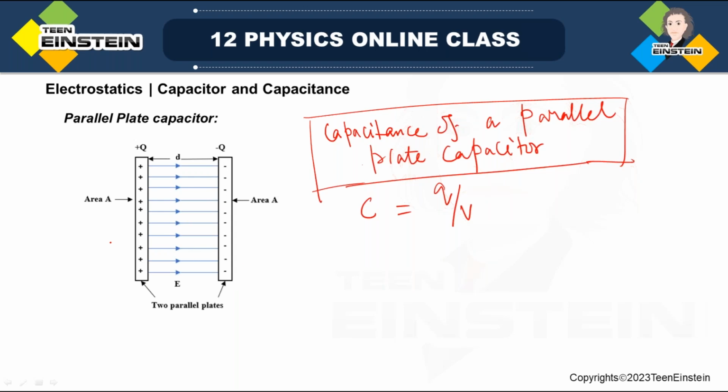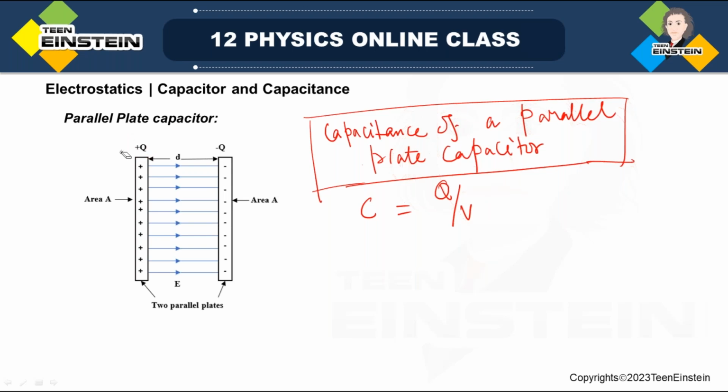Suppose there is a parallel plate capacitor, each of these plates having charge of magnitude capital Q. Suppose the area of cross section is A.